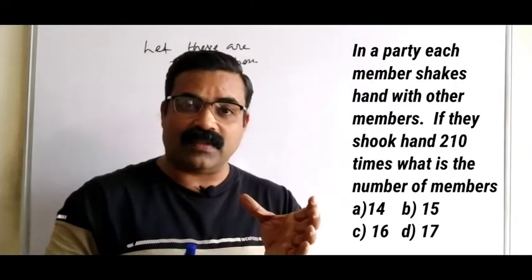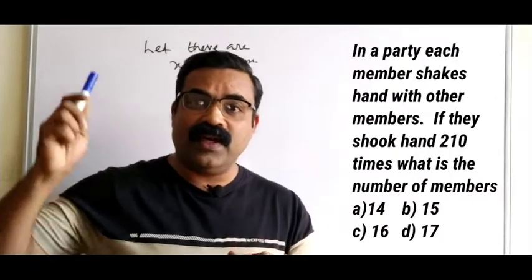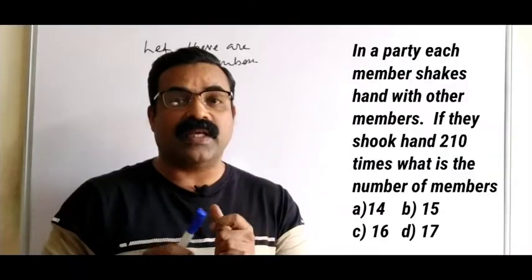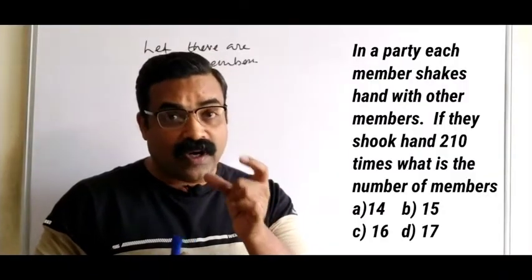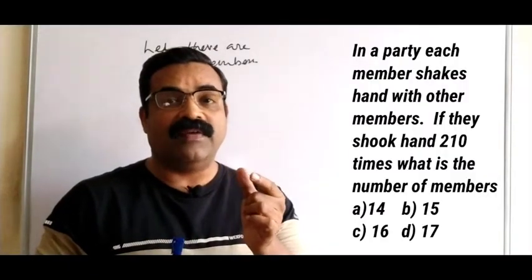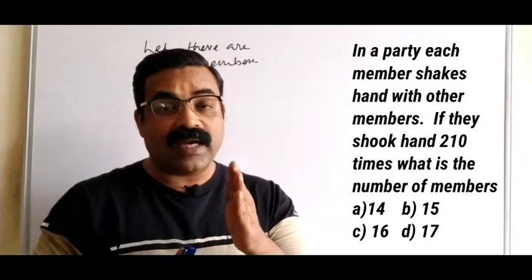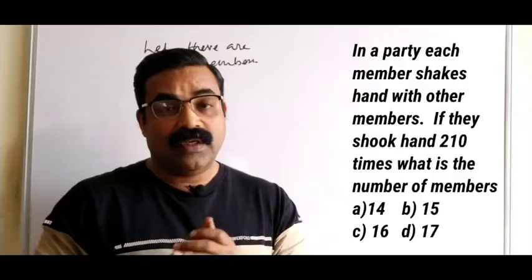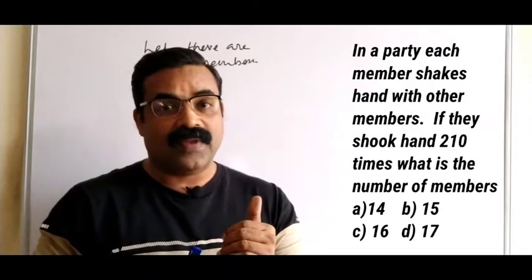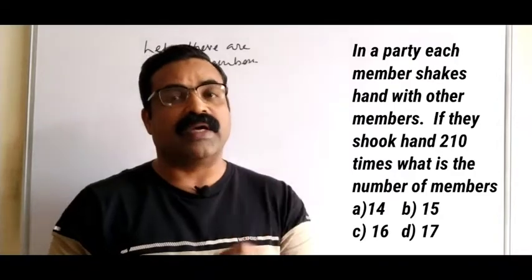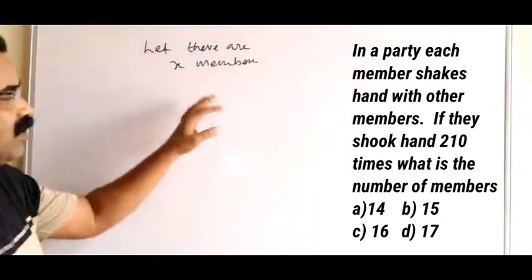Using that concept, if there are X members in a party, one person will shake hands with the remaining X minus 1 members. So we can say the total number of handshakes will be X into X minus 1. That concept we have to take here.